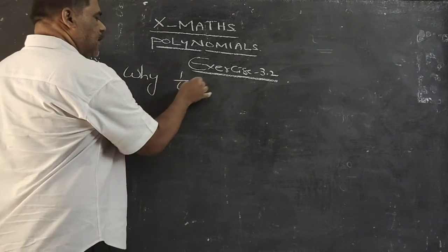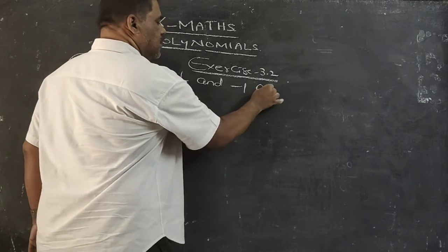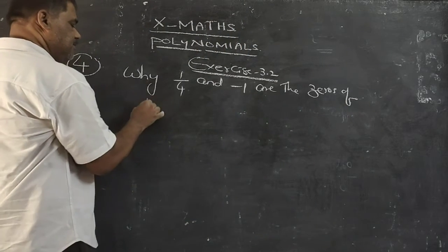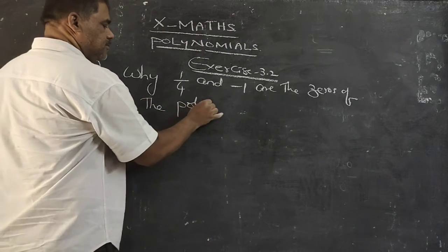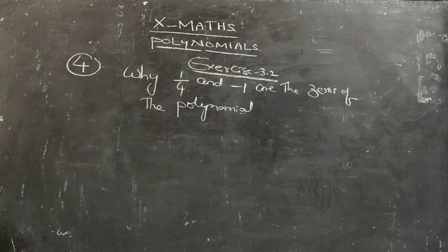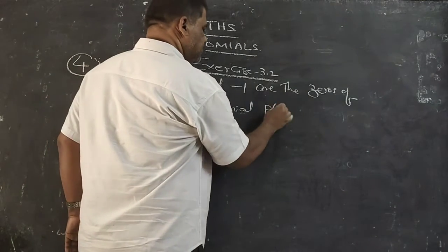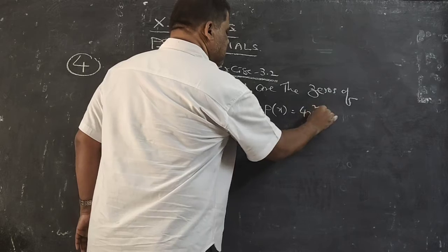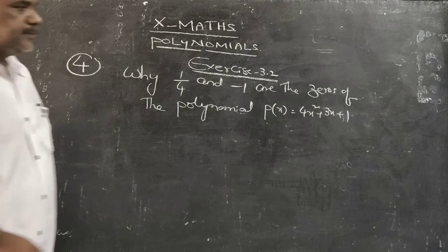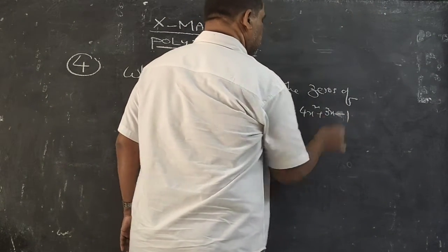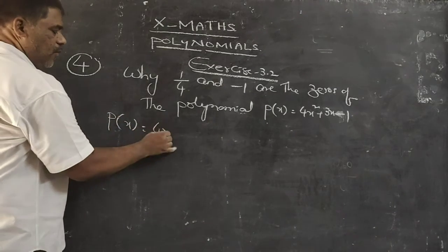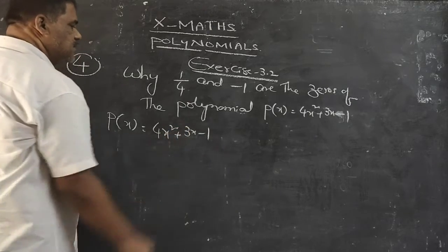Let p of x be equal to 4x square plus 3x minus 1. The given polynomial is 4x square plus 3x minus 1.